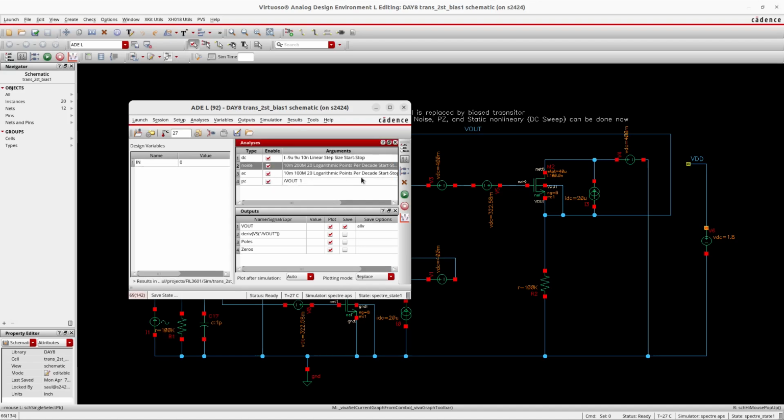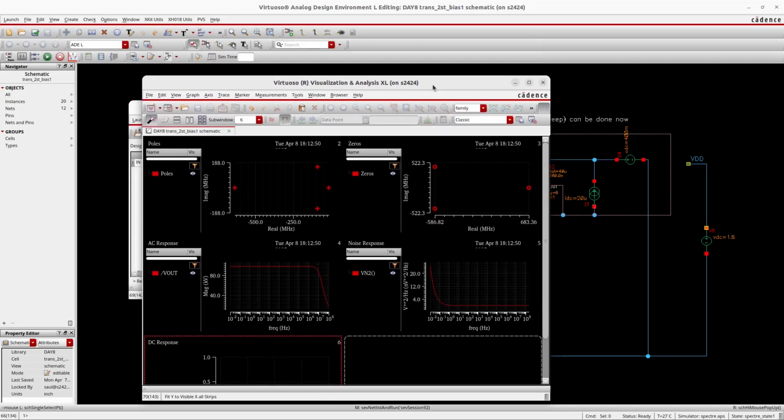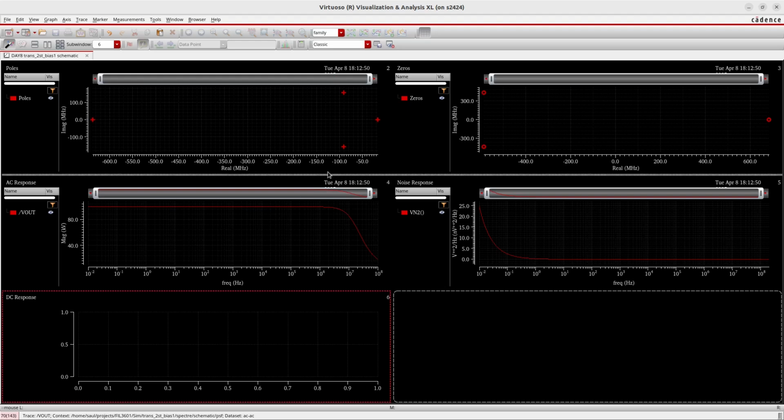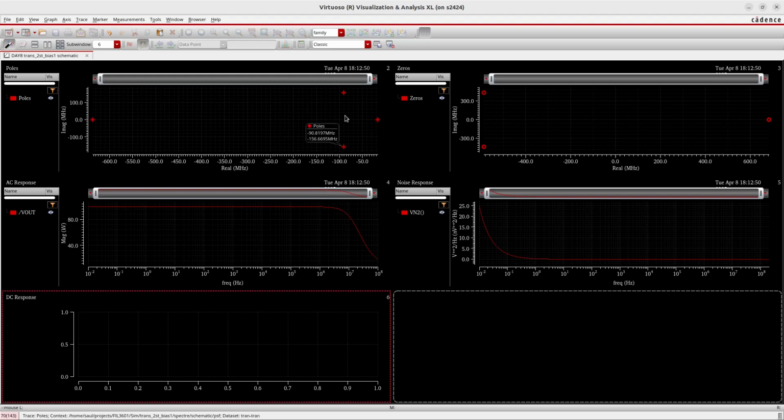We can run all kinds of simulations that we are interested in right now, including a DC sweep at the input, so that we can extract the linearity, the static non-linearity. And we have that the gain is 99.5 kilo. That is exactly the same. The position of the poles is approximately exactly the same as we saw before.